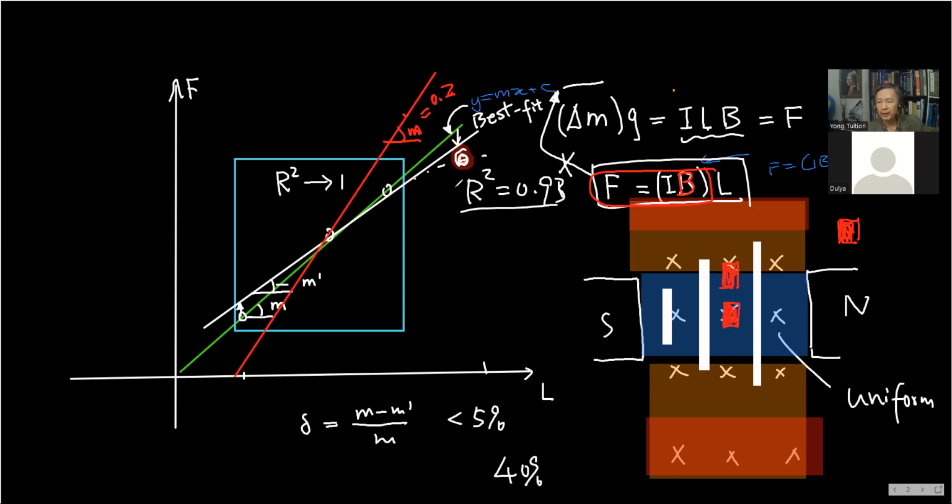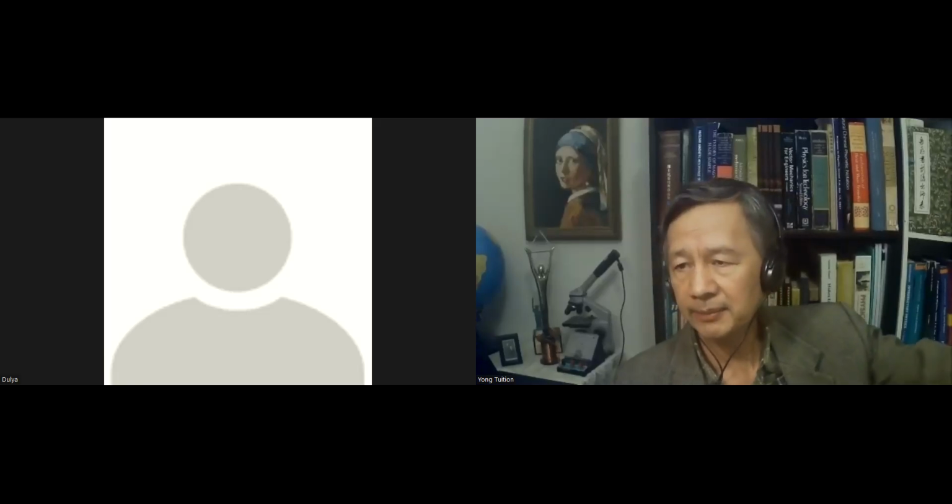So even if we take the last data point into account, the worst scenario is still better than the comparison between the best fit and the measurement of the magnetic field. Does that make sense? Yeah. You can return to your writing. I'll have a look at your writing. I will stop here. Can you go to that particular part?